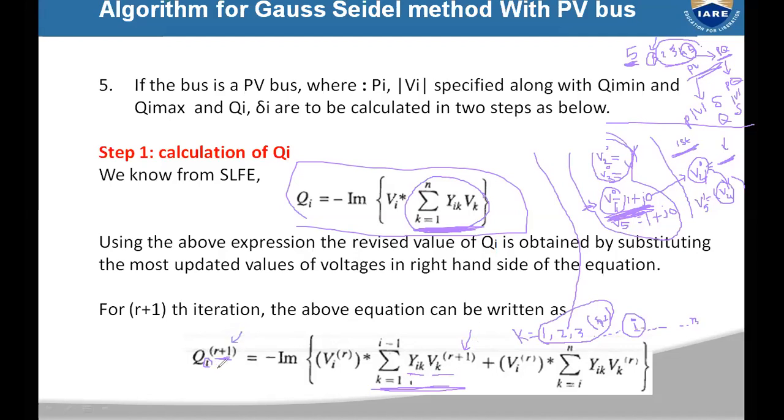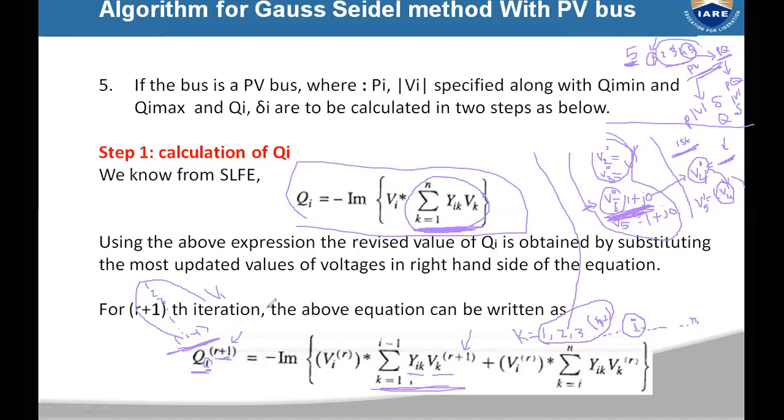At the ith bus you are calculating. Before the ith bus there are buses up to i minus 1, so before this you have 1, 2, 3 and all these. For buses 1 to i minus 1, you have already updated the Q value, and in a similar way the voltage also is updated.